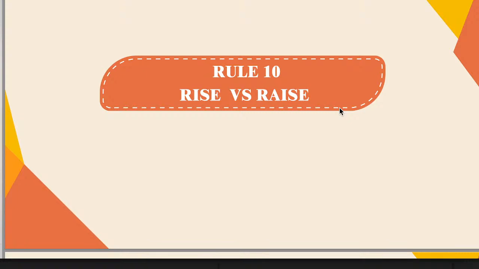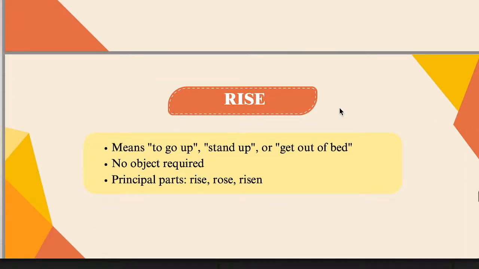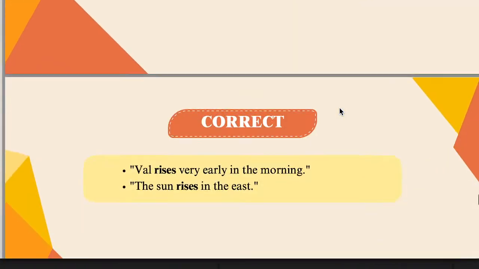Now, the next one. Just like lie and lay, we have rise and raise. Based on the same concept, rise means to go up, stand up, and get out of the bed. So it could have multiple meanings. Principal parts: rise, rose, and risen.